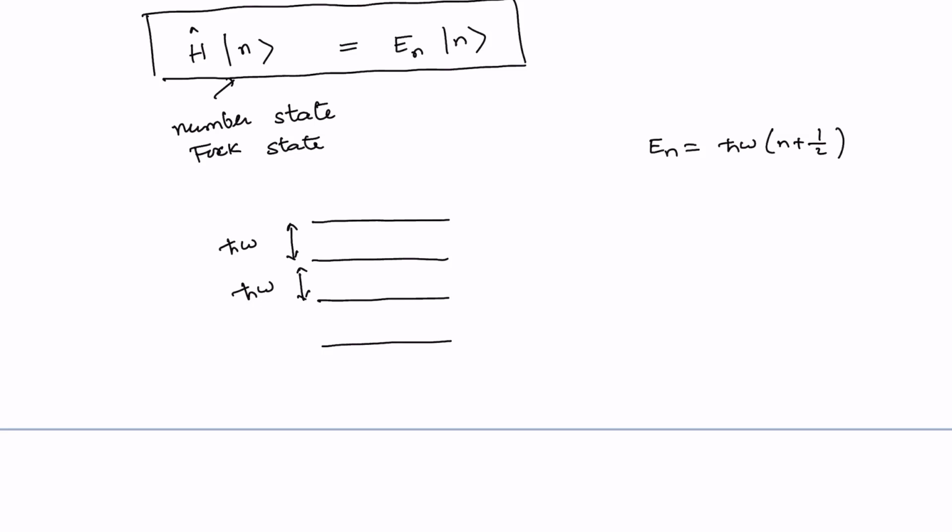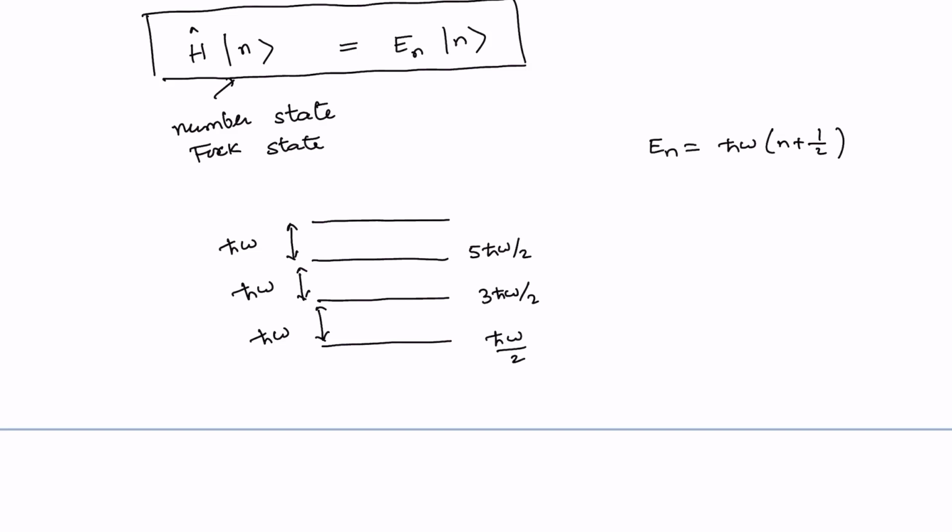For example, for n equal to 0, the energy would be h bar omega by 2, and for n equal to 1 we have 3 h bar omega by 2. So as you can see, the difference is h bar omega. Similarly, for the next one it would be 5 h bar omega by 2 and so on. So the difference between two adjacent energy levels is always equal to h bar omega.